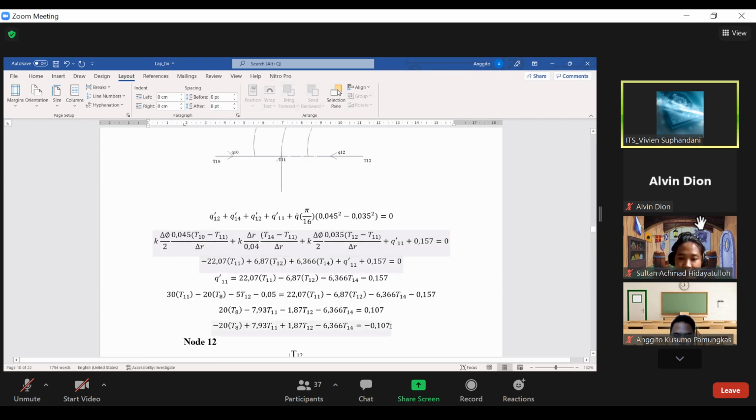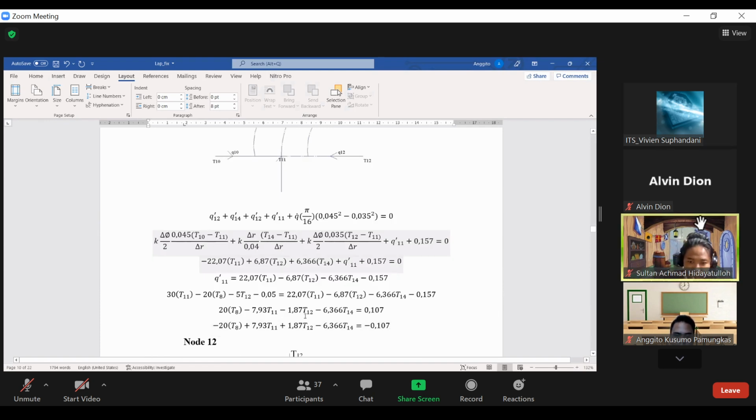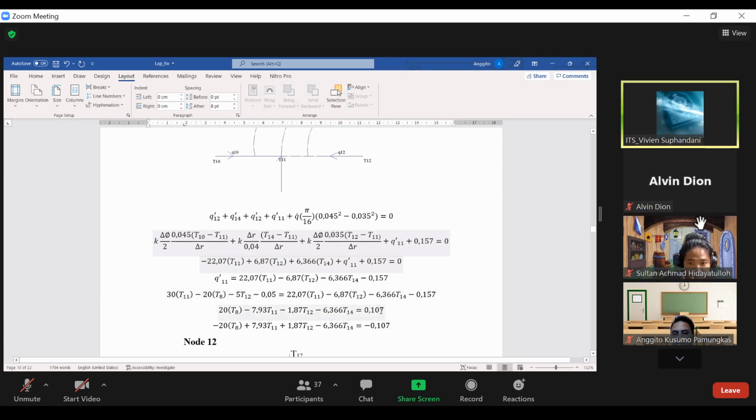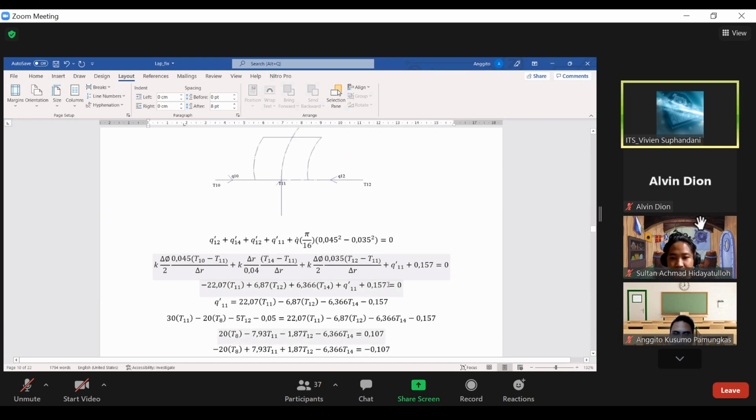Okay, I think this is correct already for the calculation. And you use the heat generation as the source term. I think it's very good, that you can combine these two coordinates for the analysis.